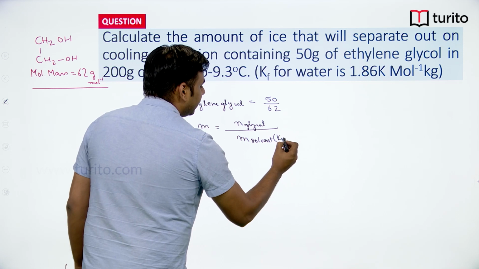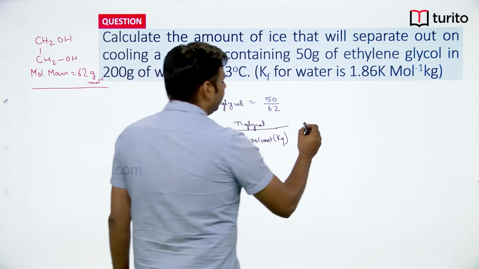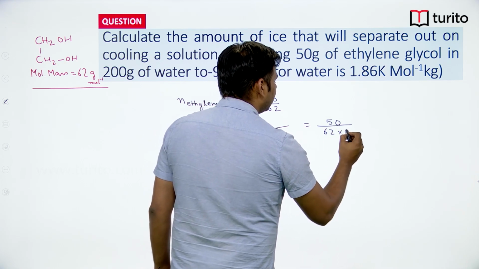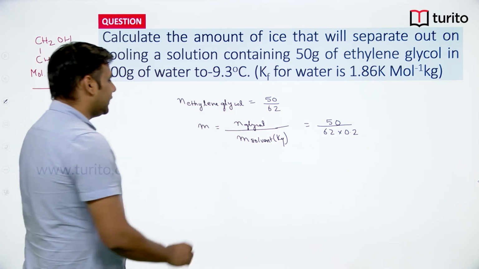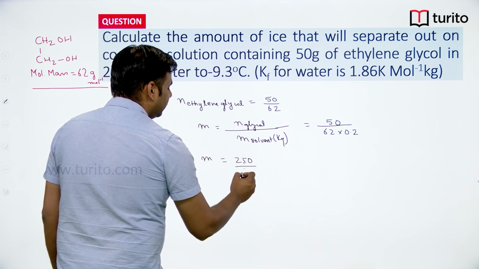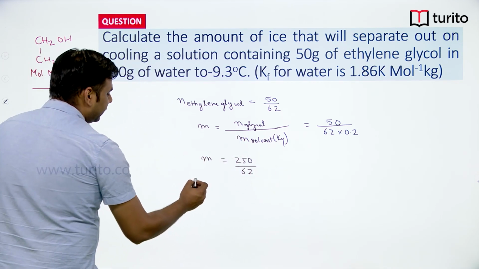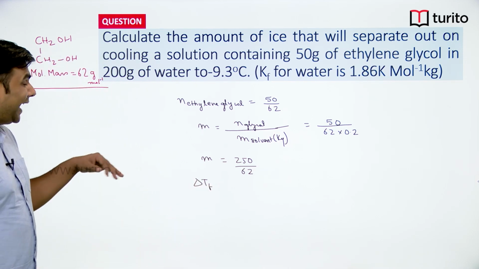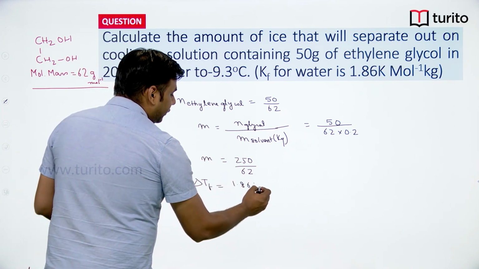The mass of solvent in kg would become 0.2, so this would be 50 upon 62 into 0.2, which I can write as 250 upon 62. So the depression in freezing point when 50 grams of ethylene glycol is added to 200 gram of water would be delta Tf equals Kf into m.